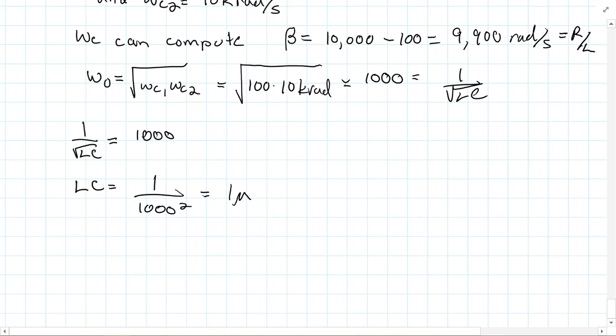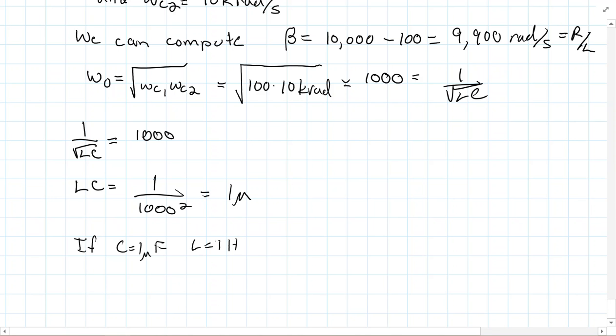And that's where, okay, we're going to get some unrealistic values for the capacitors and inductors in this case, because, for instance, if C was 1 microfarad, L would be 1 Henry, which is kind of unrealistic. So what we'll do here is split the difference.